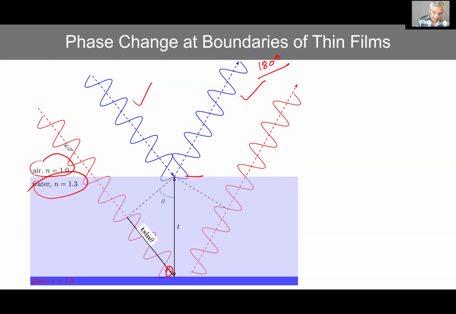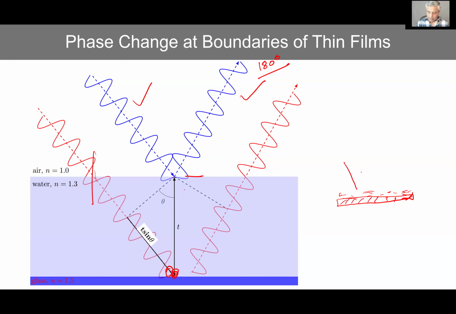Now the one that transmits changes direction a little bit, but I'm not showing all those details here, and arrives at this boundary. Now there is a glass underneath. Think about this: you have some sort of glass, and then a thin layer of water on the glass.